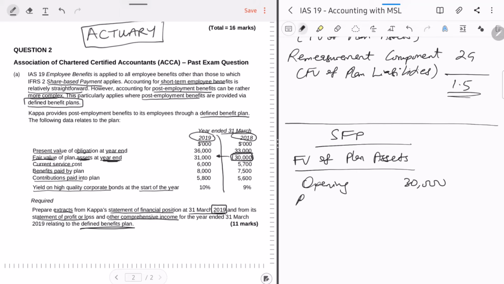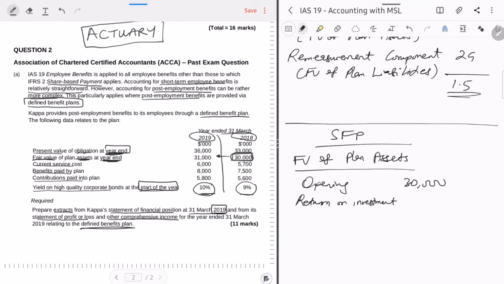Then we add, remember, return on investment. Here we are given two rates, 10% and 9%. And here you see they use year end, but here they use start of year. Tricky.